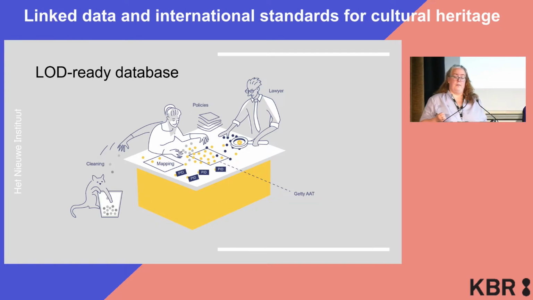And then we had to do all the mapping of all the data, and cleaning out the data. And lastly, we had to assign all collection items with persistent identifiers so we could get the SPARQL endpoint up and running.